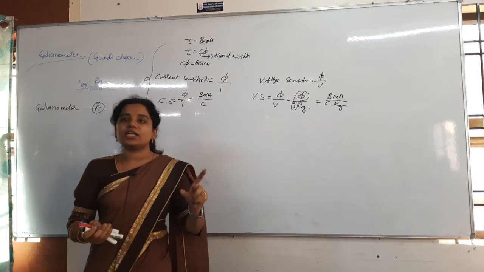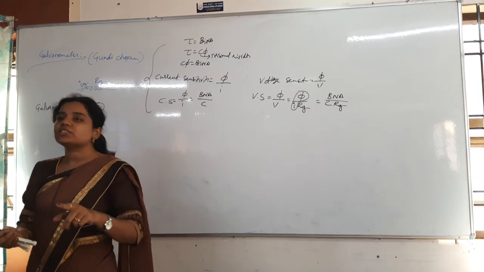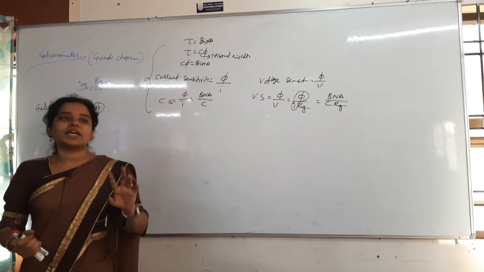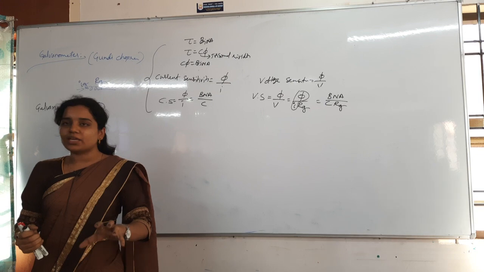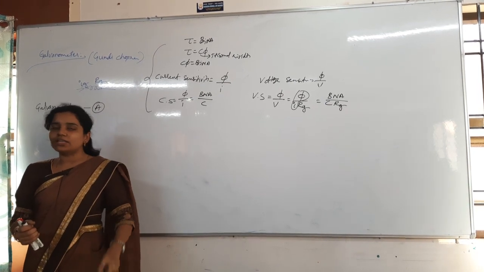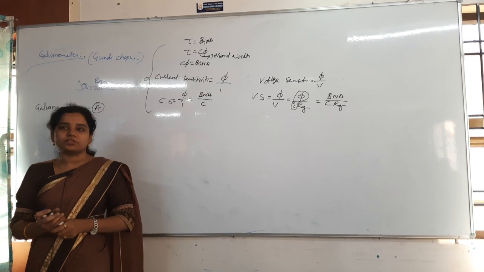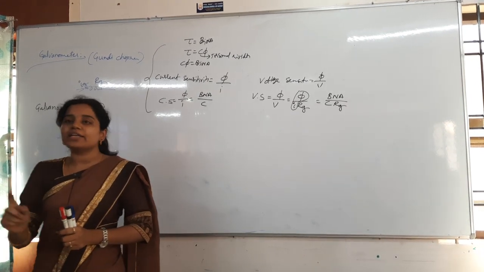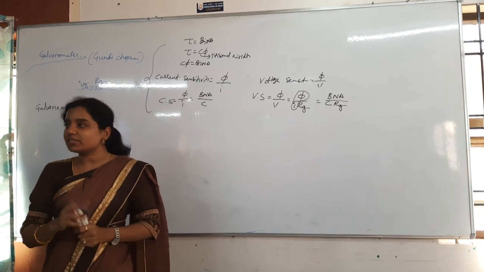And also I said, an ideal ammeter will have how much resistance? Zero resistance. An ideal voltmeter will have infinite resistance. You have to remember these 2 points, they are very important for theory. They already came in previous year questions also. So an ideal ammeter will have zero resistance. An ideal voltmeter will have infinite resistance.